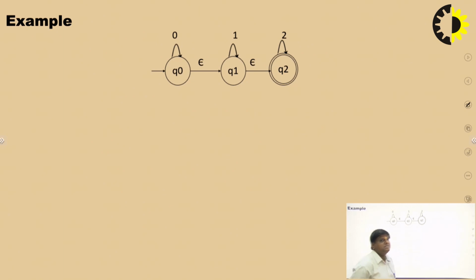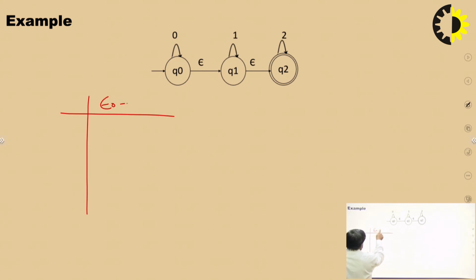We take a very simple example. Now, in this example, there are 2 epsilon transitions given. What is the first step? In the first step, we find the epsilon closure of each state.